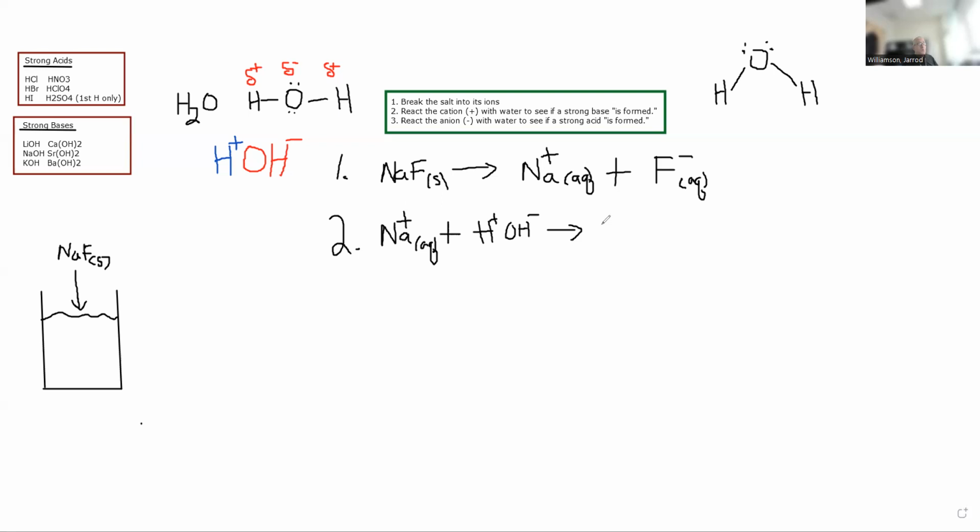And the reaction would potentially like to make H plus aqueous, floating around in water, plus NaOH aqueous.